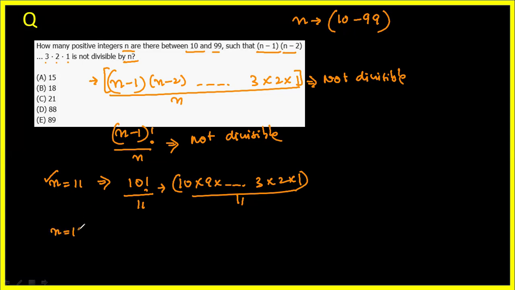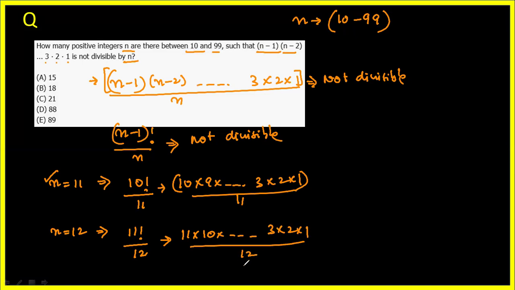Let's understand with 12. So for 12, (n-1) factorial is 11 factorial. Is it divisible by 12? 11 factorial can be written as 11, 10, 9, 8, down to 3, 2, 1. Yes, it is divisible. Why? Because 12 is a composite number made up of a 3 and a 4.